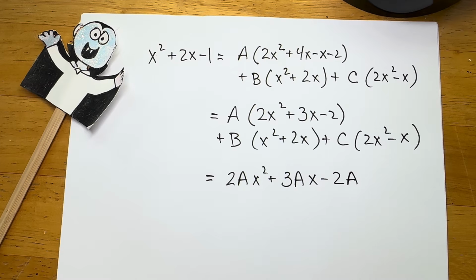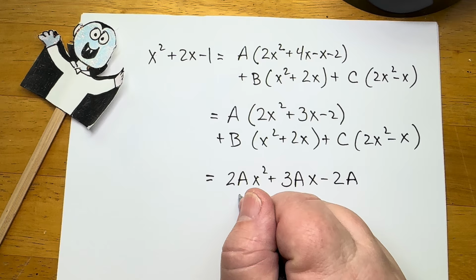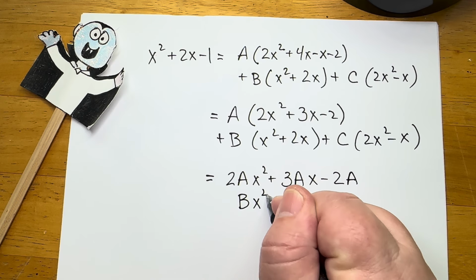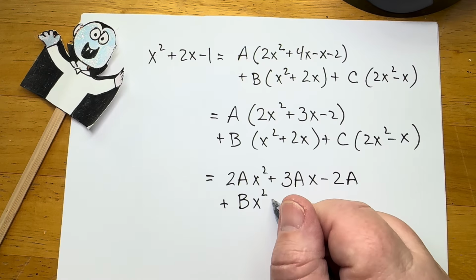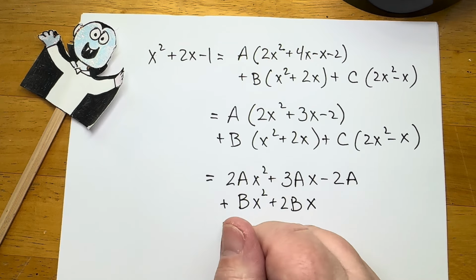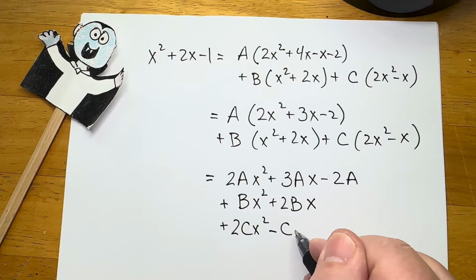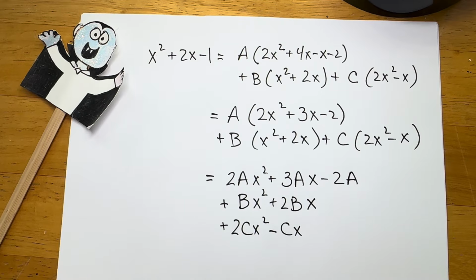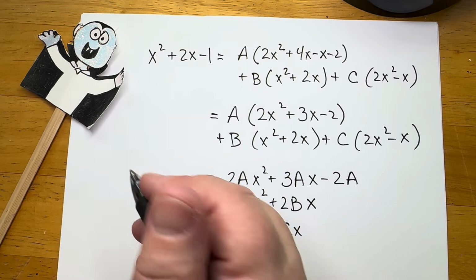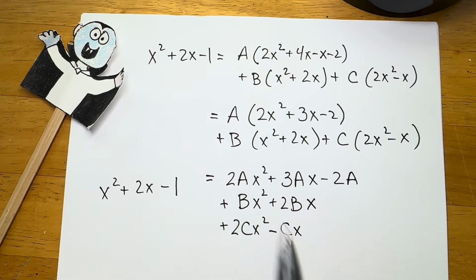So far, so good. And then I've got bx squared plus 2bx. And then I've got 2cx squared minus cx. So far, so good. Okay, and this is all equal to x squared plus 2x minus 1.